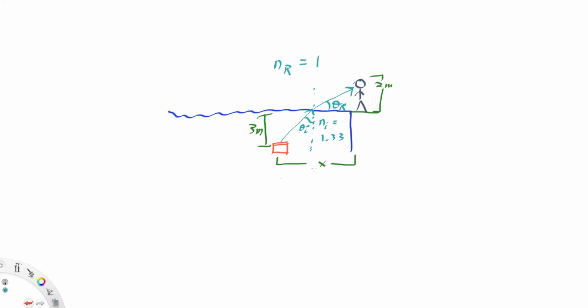So our horizontal distance here, if we know the vertical distances and the angles, then we can definitely figure out that horizontal distance using a little bit of trigonometry, right?